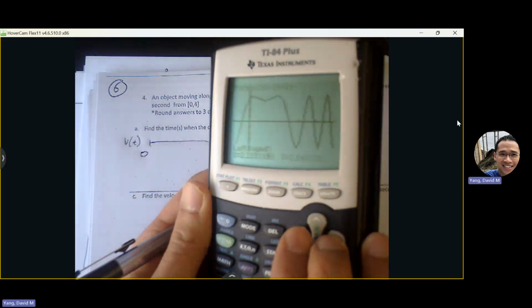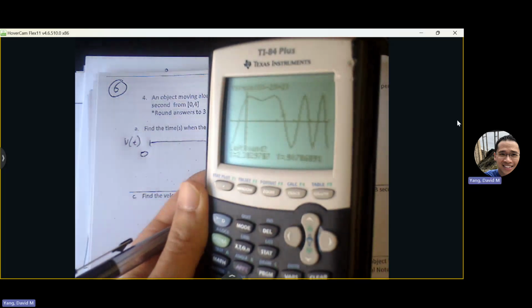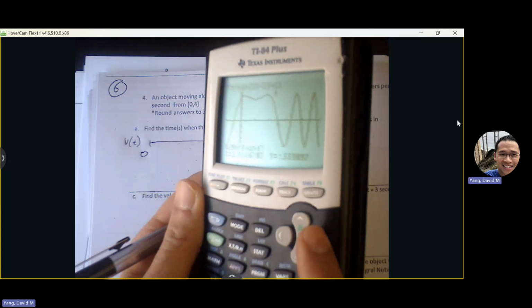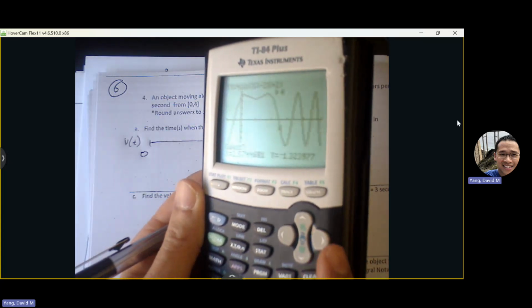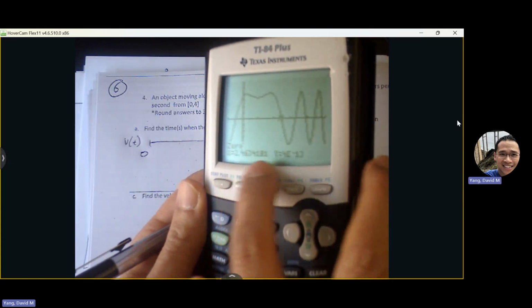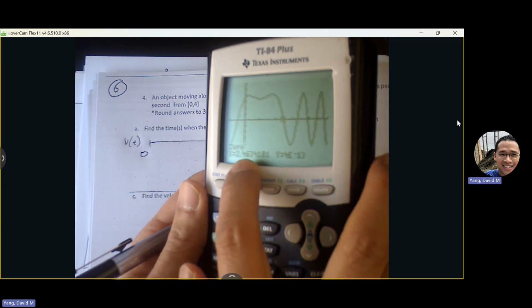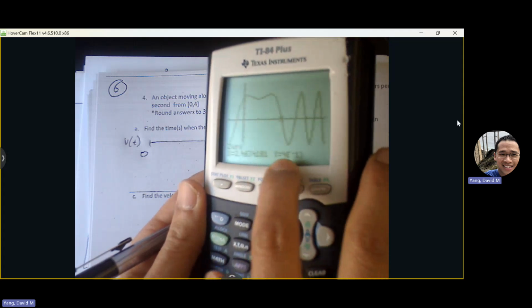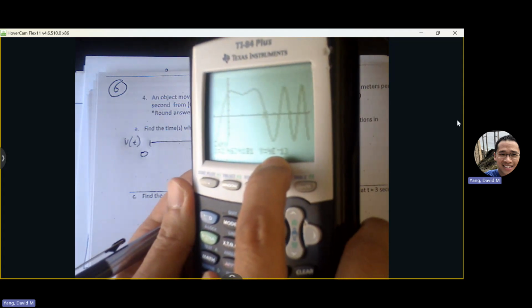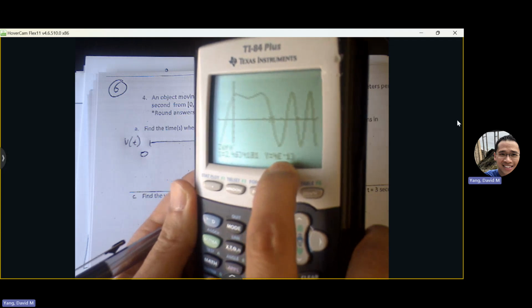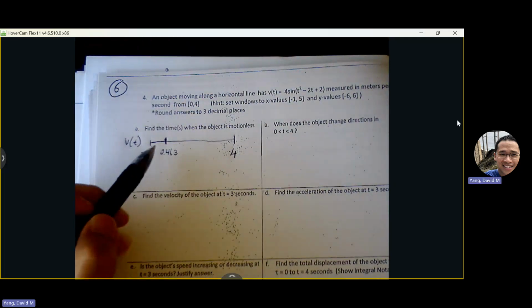So I'm picking a point to the left of my first x-intercept, hit enter. I'm picking a point to the right of my x-intercept, hit enter a third time, and I get 2.463. So my first x-intercept is 2.463.